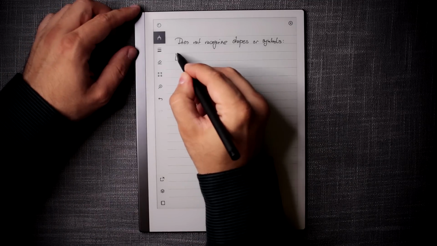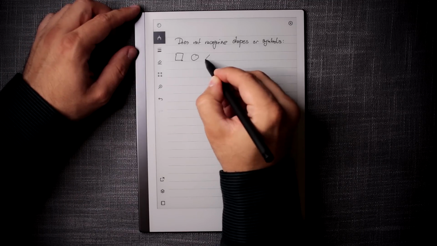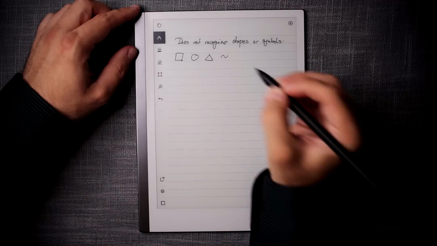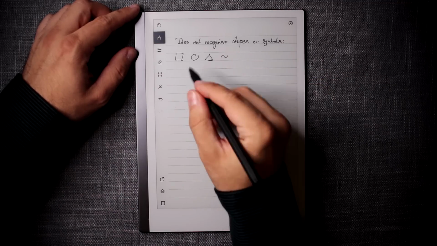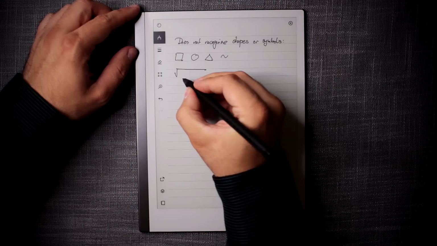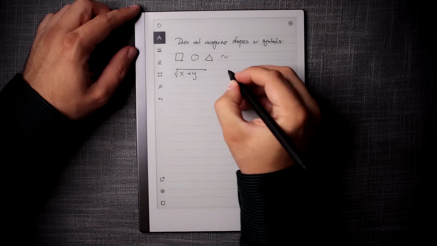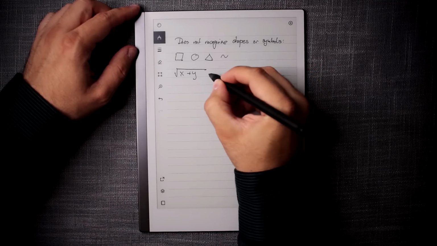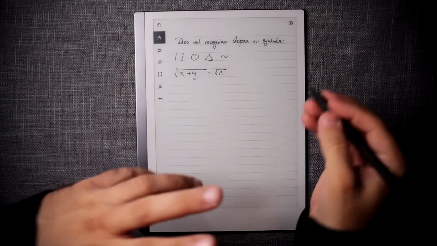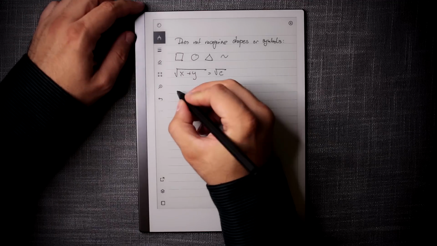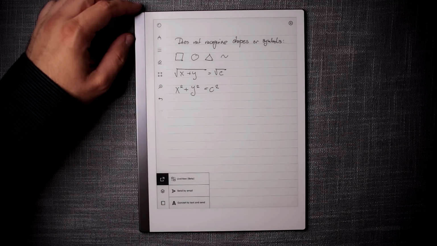So if I draw a square, a circle, a triangle, a tilde, maybe the tilde will be recognized, or maybe if I just write x plus y equals c, we will not get that type of result. So let's convert and see what we get.